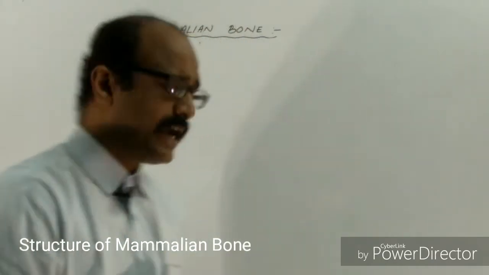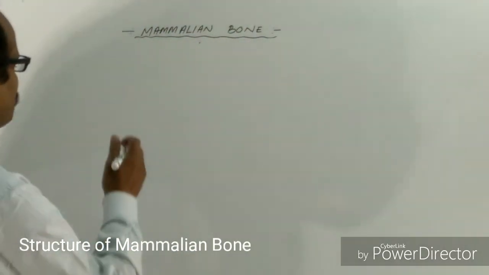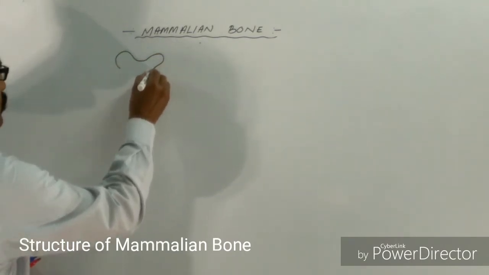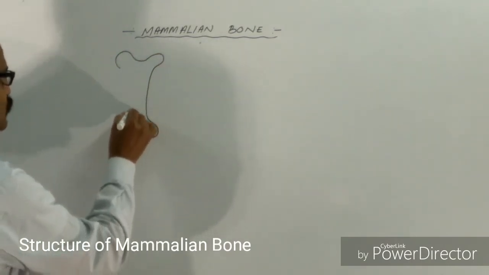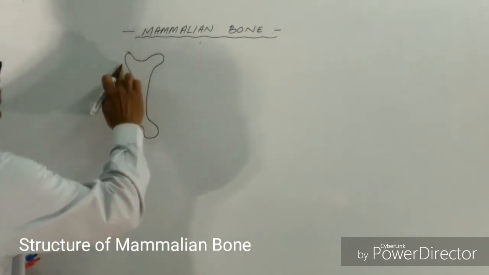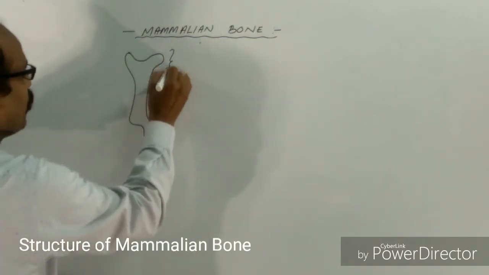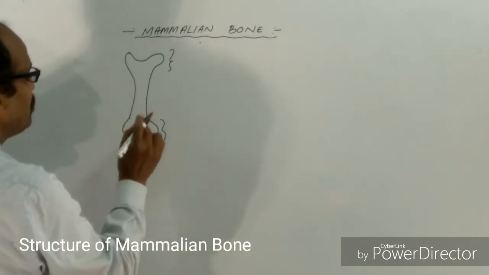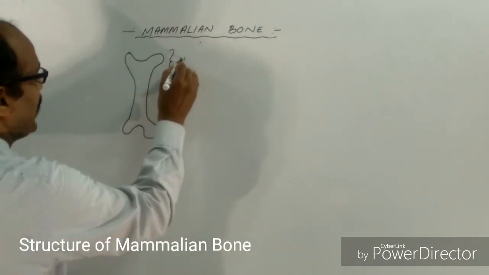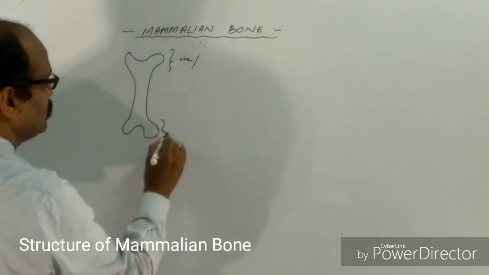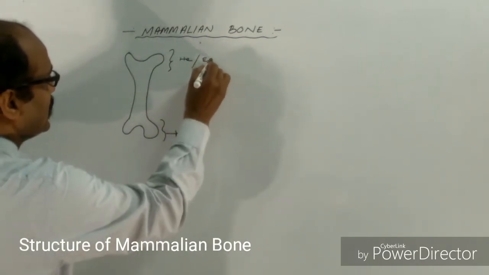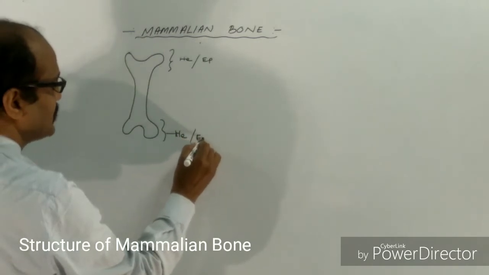As I told in my last video, each long bone of vertebrates has two regions. The head region of the long bone is known as the epiphysis.